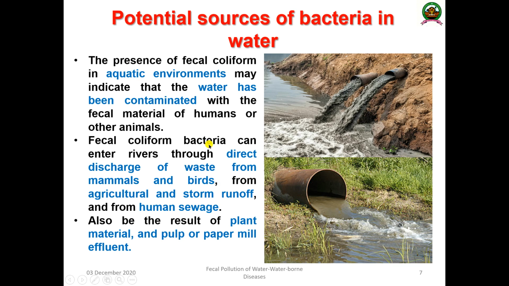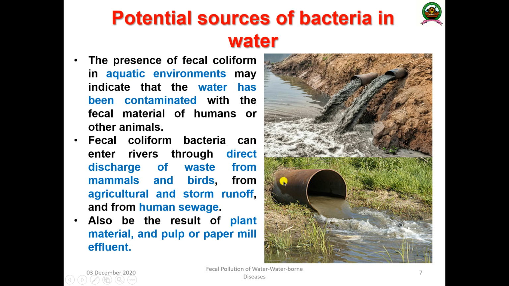So fecal coliform bacteria can enter into the river. You can see some of the activities: the direct discharge of waste from mammals and birds, agricultural storm runoff from the agricultural fields, or human sewage, where human or animal excreta is mixed with the water. Also plant material and pulp and paper mill effluent.